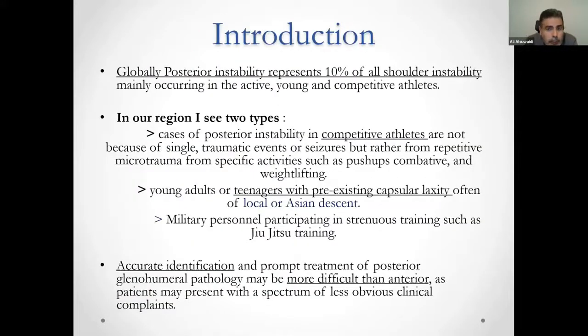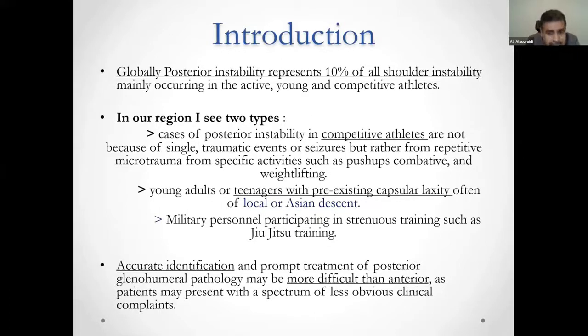So we know globally posterior shoulder instability is not common, quoted at around 10% of all shoulder instability. And mainly it happens in active, young, and competitive athletes. In our region, the more I see are competitive athletes, and more from repetitive microtrauma from specific activities, push-ups, weightlifting, rather than a single injury.